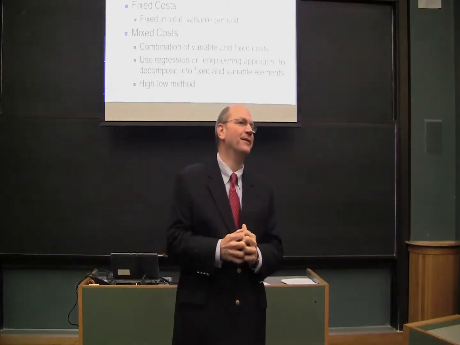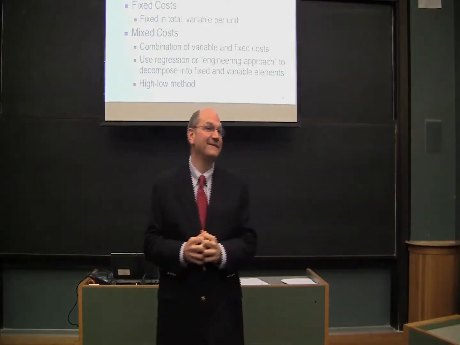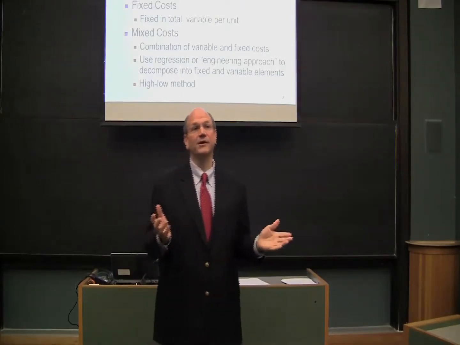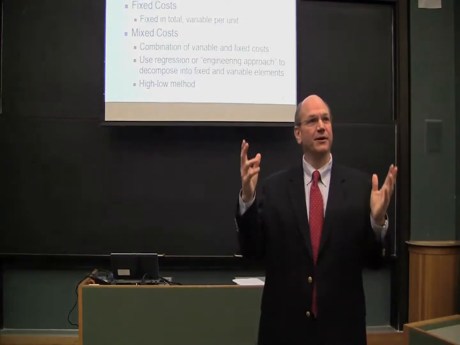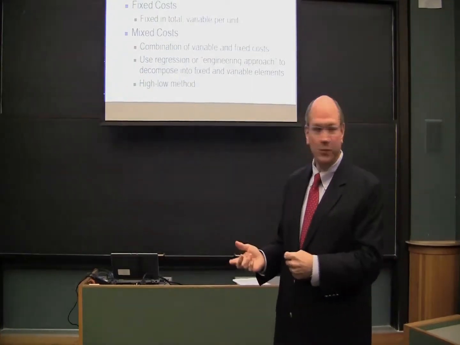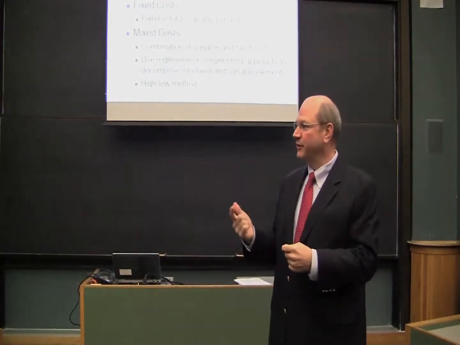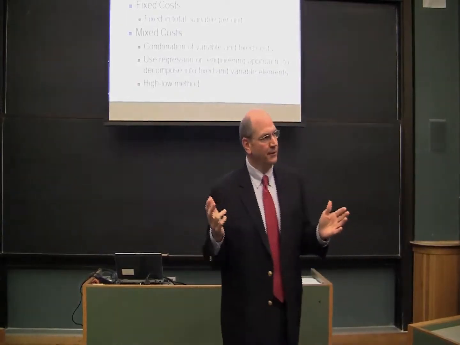We're talking about the cost of electricity: the cost to keep the lights on, the cost to run the machinery. If we make more bikes, would we use more electricity? But isn't there a certain amount of electricity that we need just to keep the lights on and the place heated?